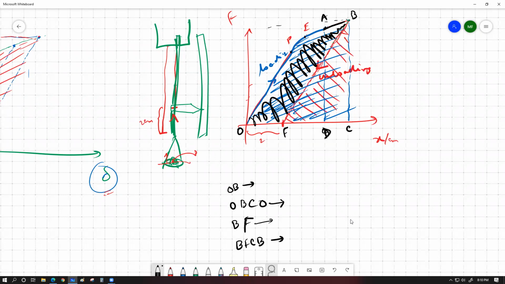Then the area of the whole slice that remains within, which is the black shaded area, I can label as O, P, B, F, O. This is the amount of plastic energy stored within the specimen, which caused the permanent deformation.